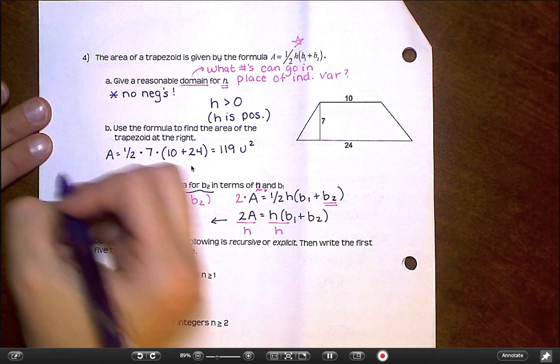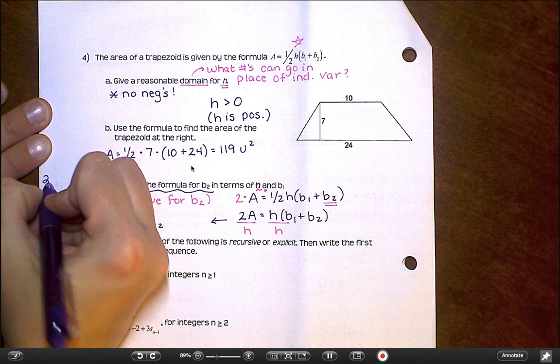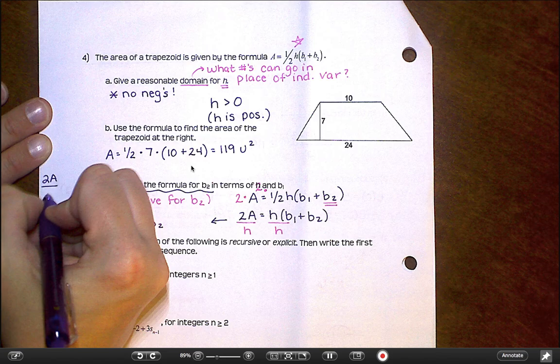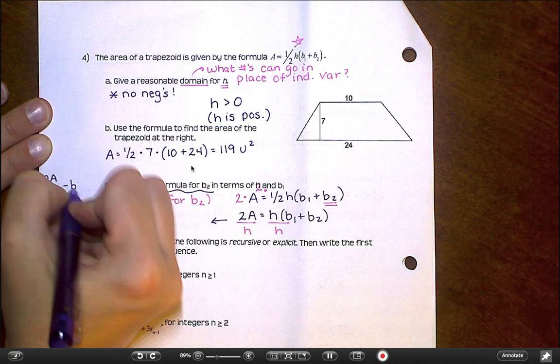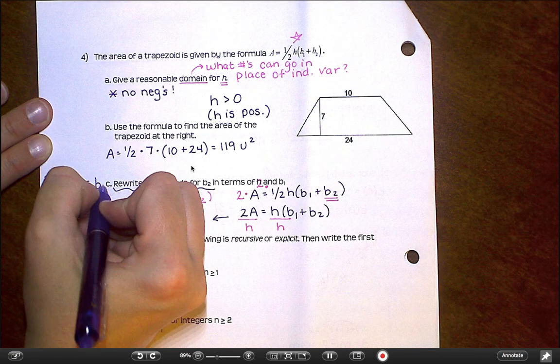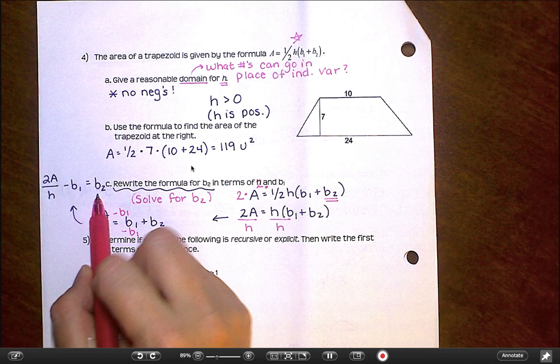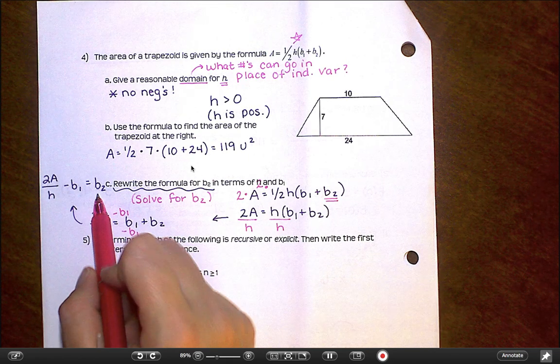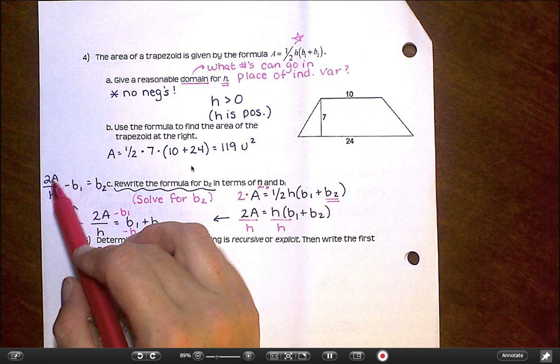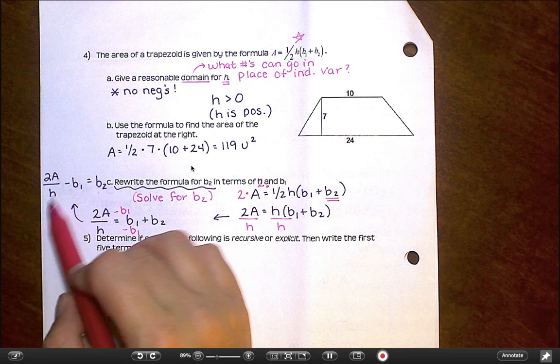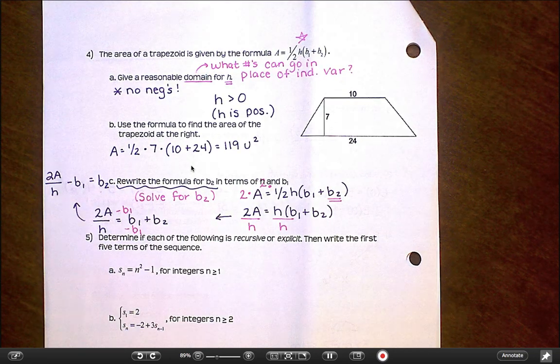And so I would write something along the lines of 2A over H minus B1 equals B2. And that's what my final answer is going to look like here. And notice, I've solved for B2, meaning I've gotten B2 by itself, in terms of H and B1. So I've given the answer in terms of those other variables. That's what that means.